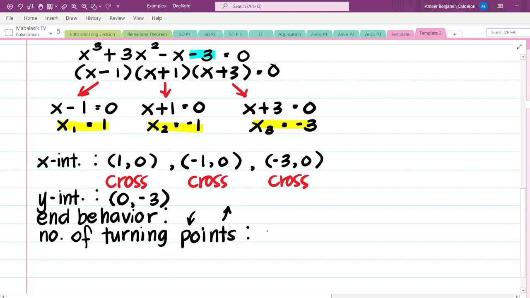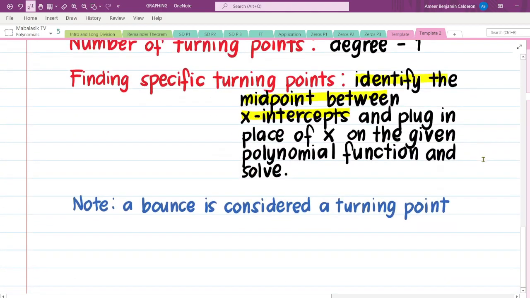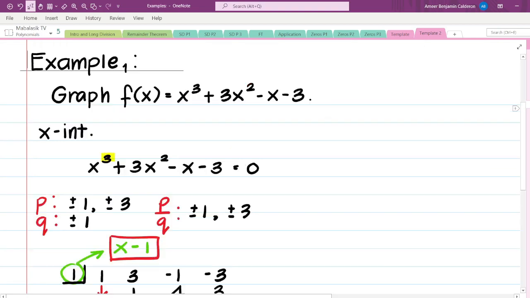Degree minus 1, so we have 2 turning points. How do we identify those specific turning points? So identify the midpoint between x-intercepts and plug in the place of x on the given polynomial function and solve.